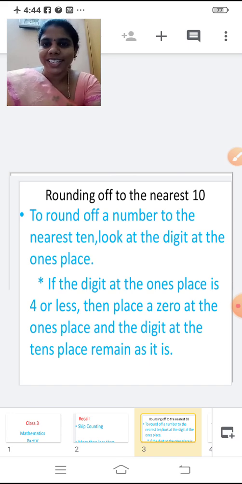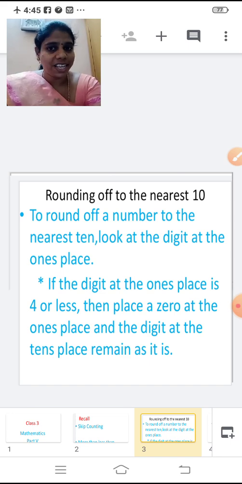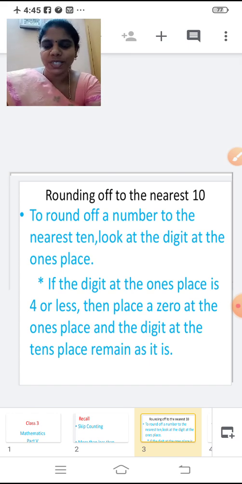If the digit at the ones place is 4 or less, then place a 0 at the ones place and the digit at the tens place remains as it is.